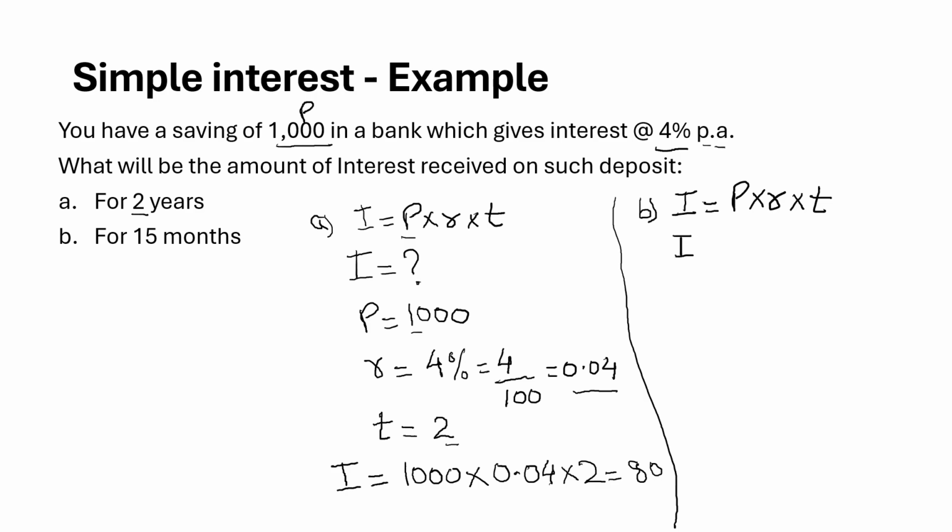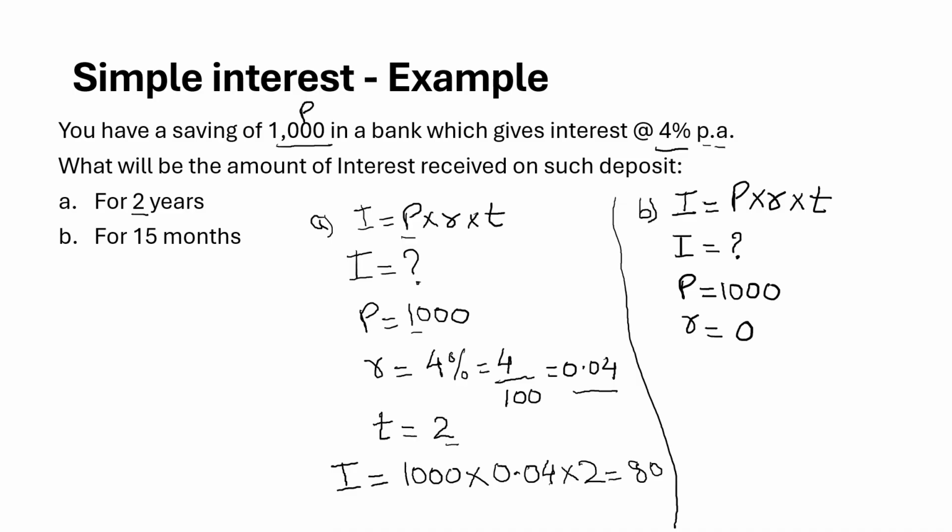I is not given. The amount of interest we have to calculate. What is P? P is same, 1000. Then R, rate of interest. Again, rate of interest is also same, 4%. So 4 divided by 100.